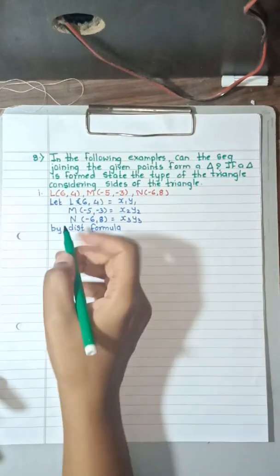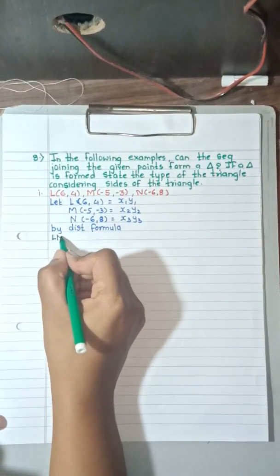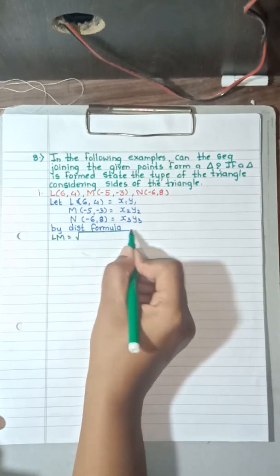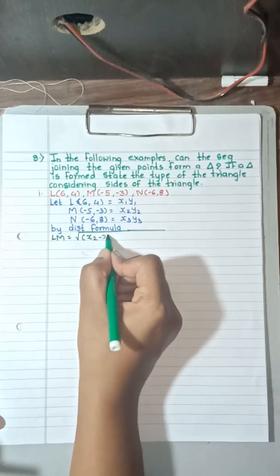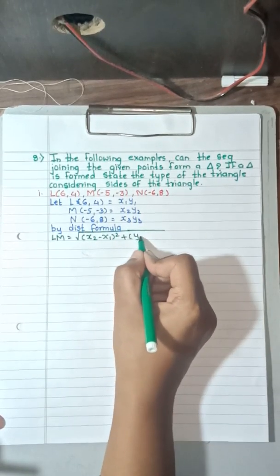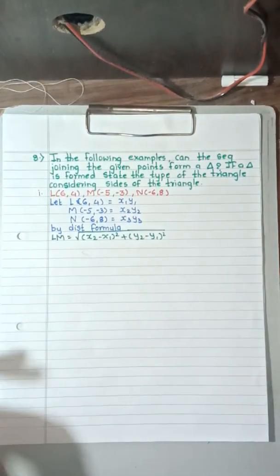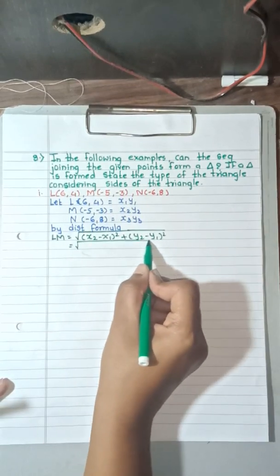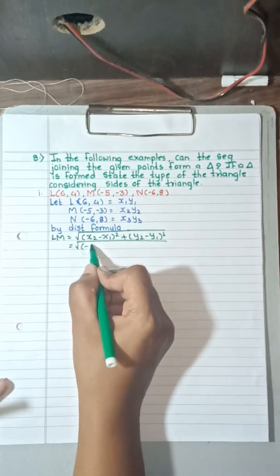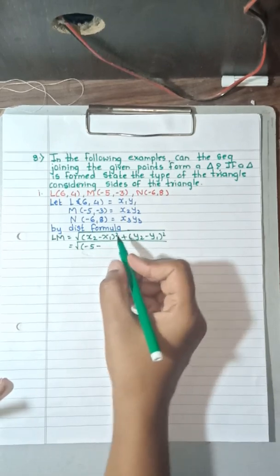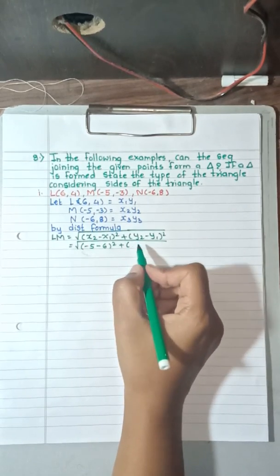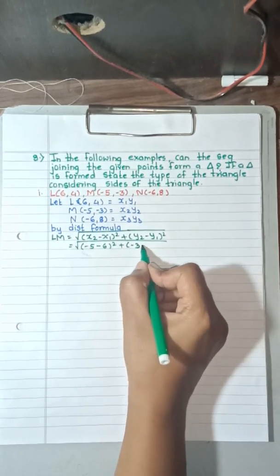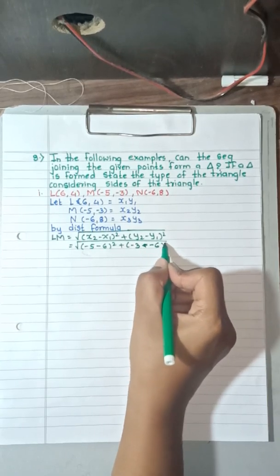The distance formula for LM, first of all we'll find out. LM is equal to under root of (x2 minus x1) bracket square plus (y2 minus y1) bracket square. Now we'll put the values in this. x2 is -5 minus x1 is 6 bracket square, plus y2 is -3 minus y1, sorry, y1 is 4, bracket square.